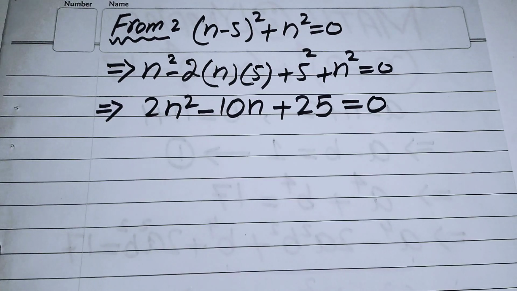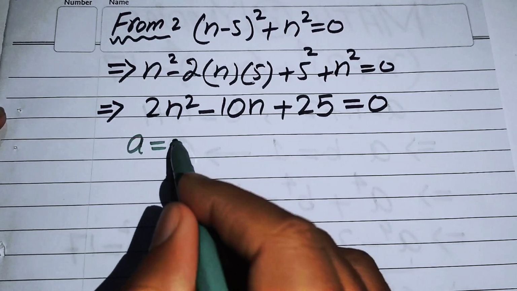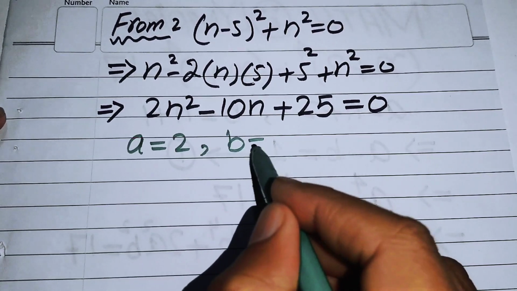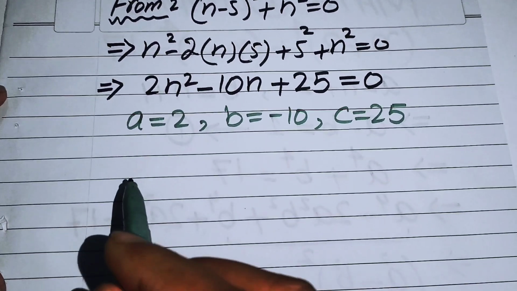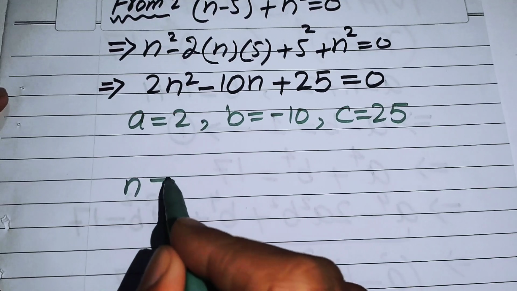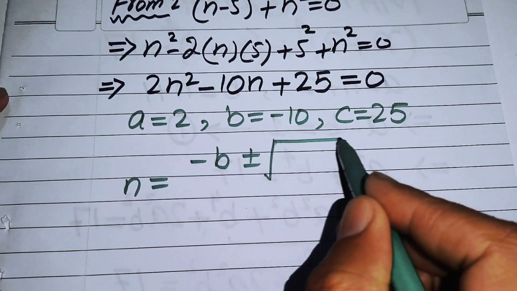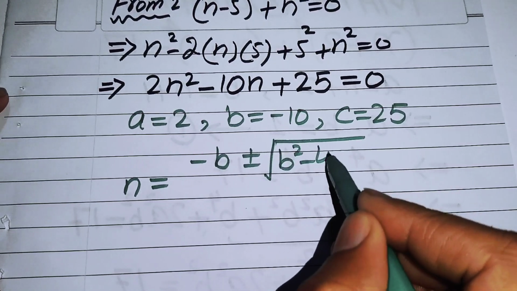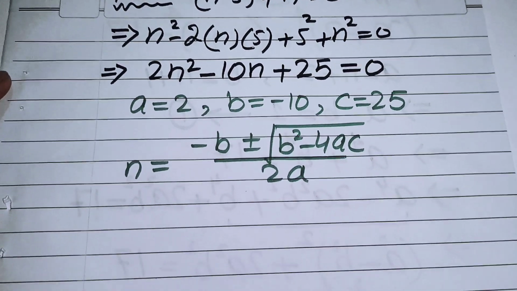So here we get a nice quadratic equation, and we need to solve this quadratic equation by using the quadratic formula. So now first we write the coefficients of this equation, and we have a equals 2, b equals minus 10 and c equals 25. So the quadratic formula looks like this: n equals minus b plus minus square root of b square minus 4ac, and this whole over 2a.